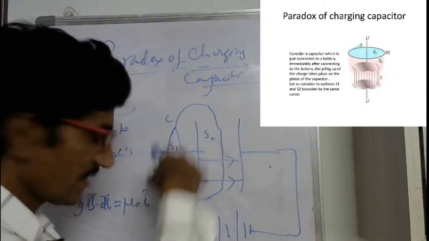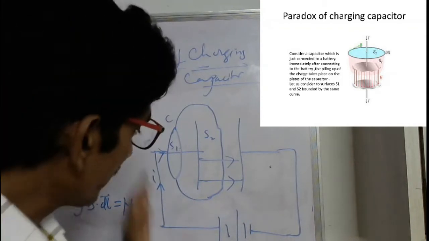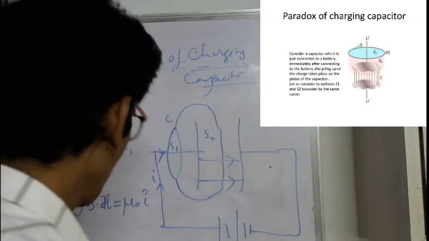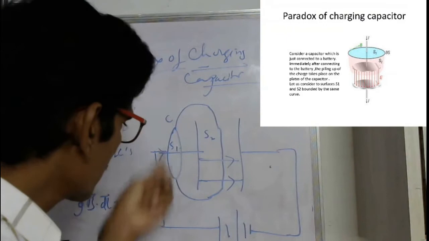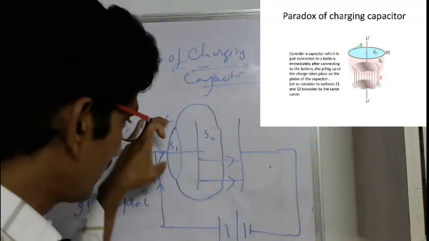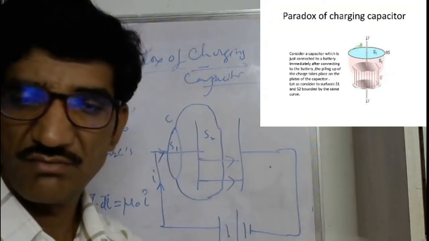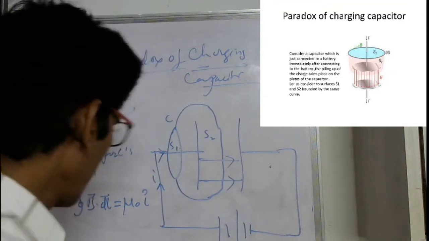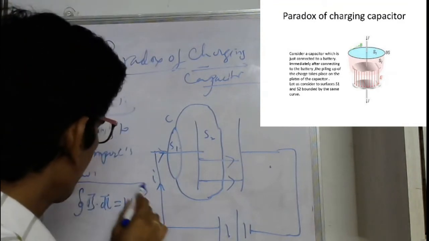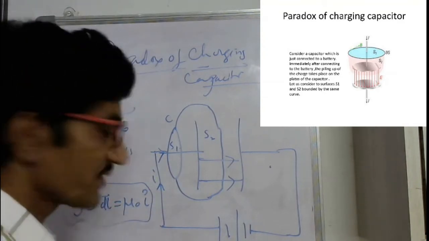Because the current I flowing into the plate is bounded by the surface S1. So this is okay for surface 1.